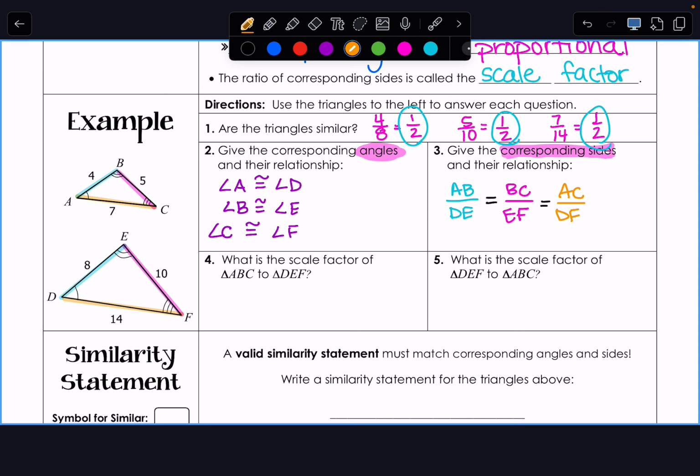Okay. Now, who thinks they know what this scale factor is, what that number is for this picture? It's already written up there. What'd you say? She said 1/2. That makes sense. Or is it 2? Okay. So the scale factor, one way is 1/2, one way is 2.